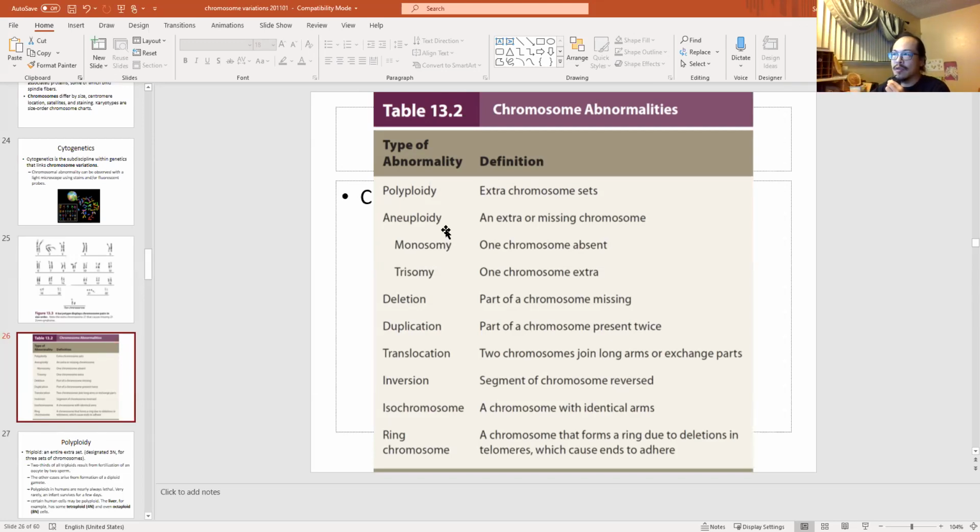A typical one is the trisomy. Trisomy is not very common across the 23 chromosomes. We do have some trisomies, or extra chromosomes, in the sex chromosomes that we mentioned earlier.